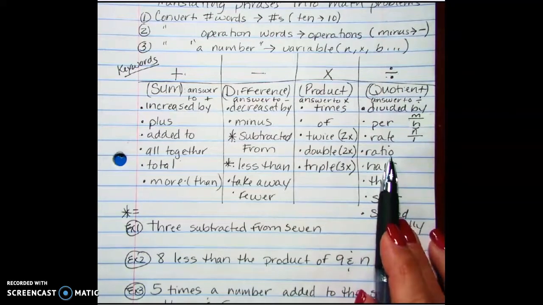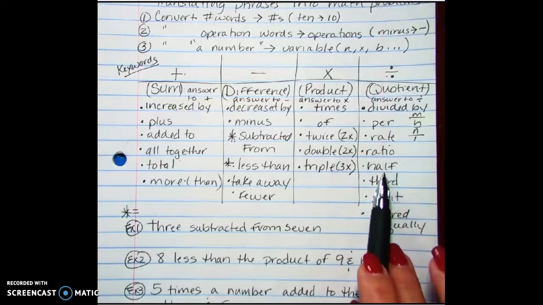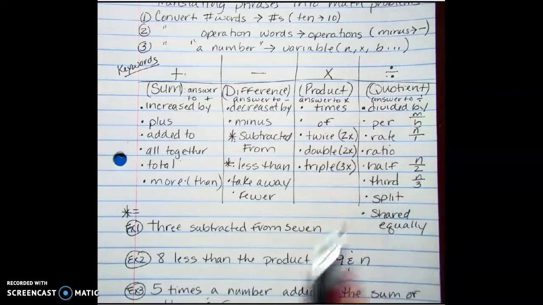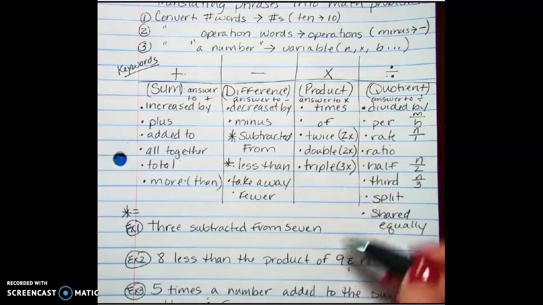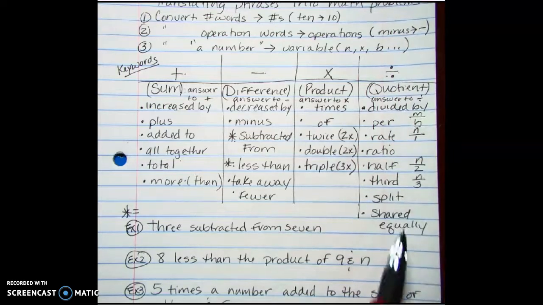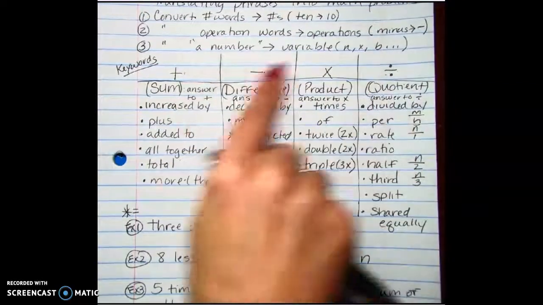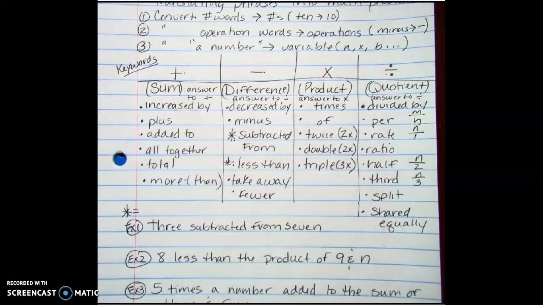Ratios are also division problems. If something is divided in half, so a number divided by 2, or maybe a number divided by 3, these are all division problems. If we split something or if we share something equally, these are all keywords for quotient. Please make sure you have this list. You will need them. They will be very helpful also.